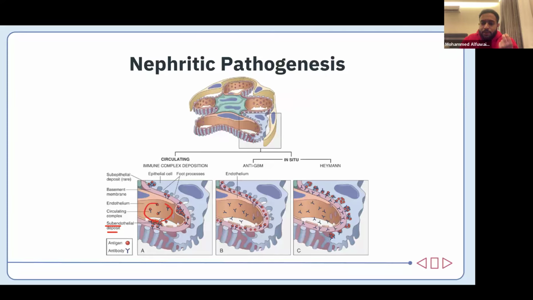So most of these deposits I will describe as subendothelial. Okay? And this is in most cases of nephritic syndromes. There's some that cause subepithelial deposits. It's just a lot more rare, but I'll mention it to you if you need to identify it. Next thing is it could affect the membrane itself. And this is in one disease. Okay, and I'll explain it later. Now, lastly, you have subepithelial that may happen, as you can see here. Again, it's a lot more rare.